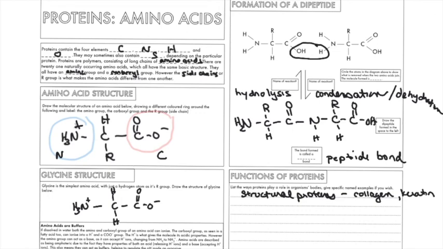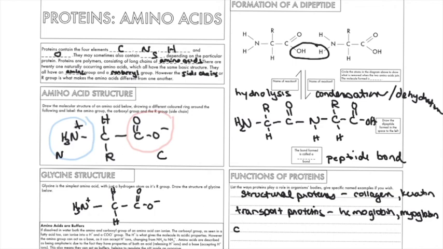Then we have transport proteins, such as hemoglobin and myoglobin, and they transport oxygen. Hemoglobin transports oxygen in the blood to all over the body, and myoglobin helps transport oxygen in tissues and store oxygen in tissues.